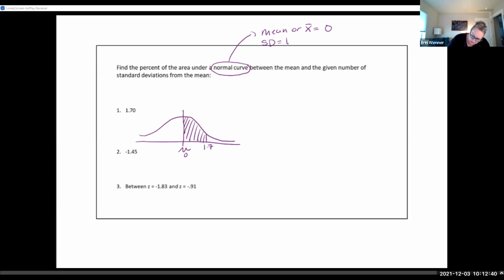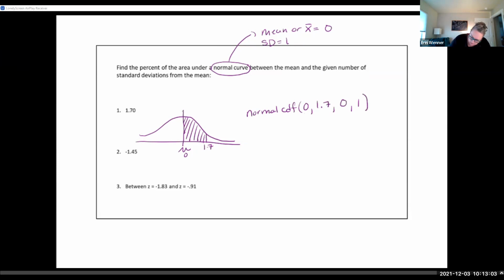In order to calculate that, we're going to do normal CDF. Our lower bound is going to be the mean. Our upper bound is going to be 1.7. Then again, because we're dealing with a normal curve, the third number we put in is the mean, which is 0. The last number is 1 because that's our standard deviation.